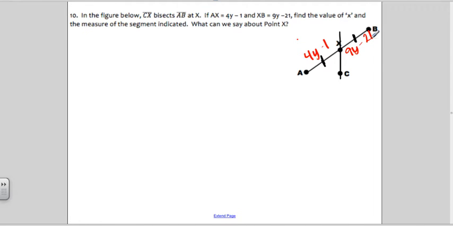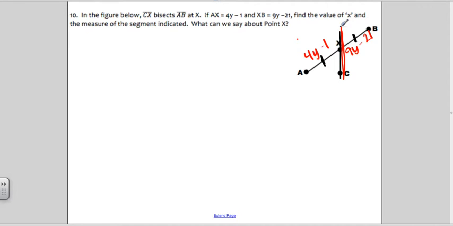Now, what we want to do here is we want to see if we can set up an equation. We can't really use part plus part here because we don't have the whole. But we do know, since this is a bisector here, that these two things are equal. So that's what I'm going to use here for my equation.